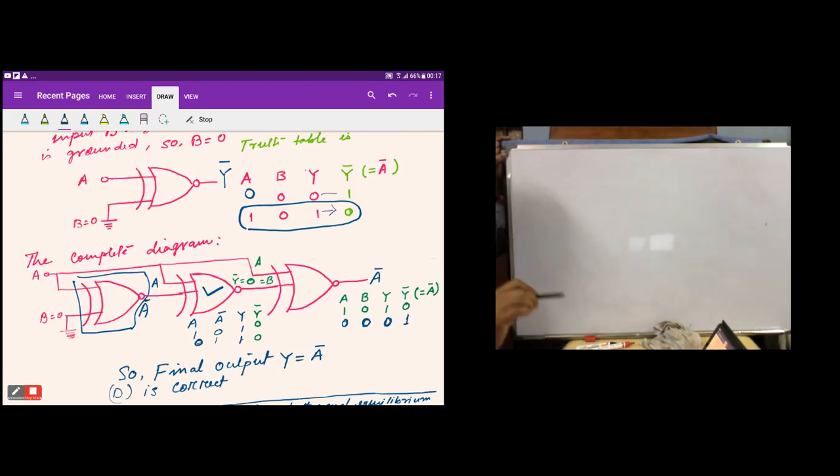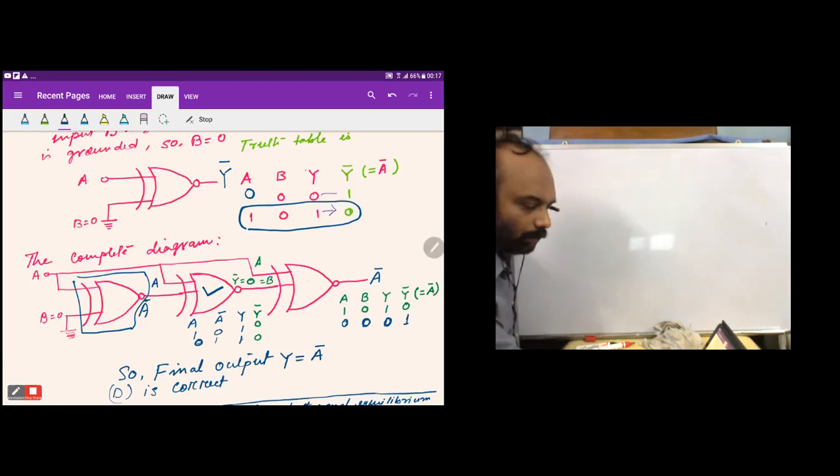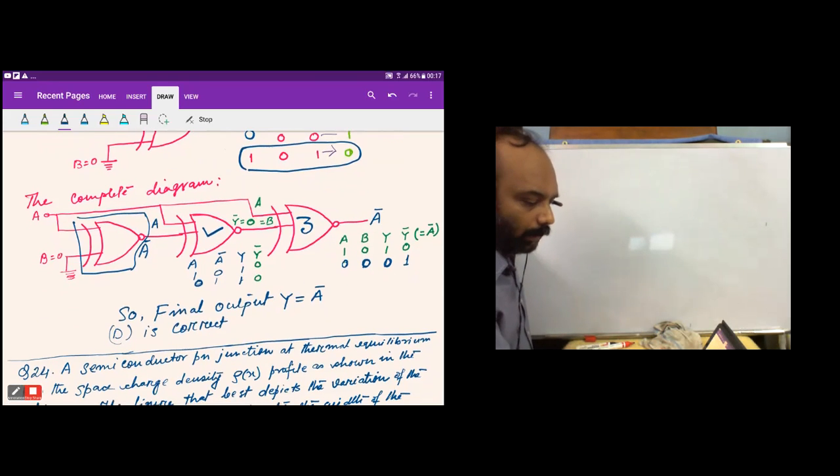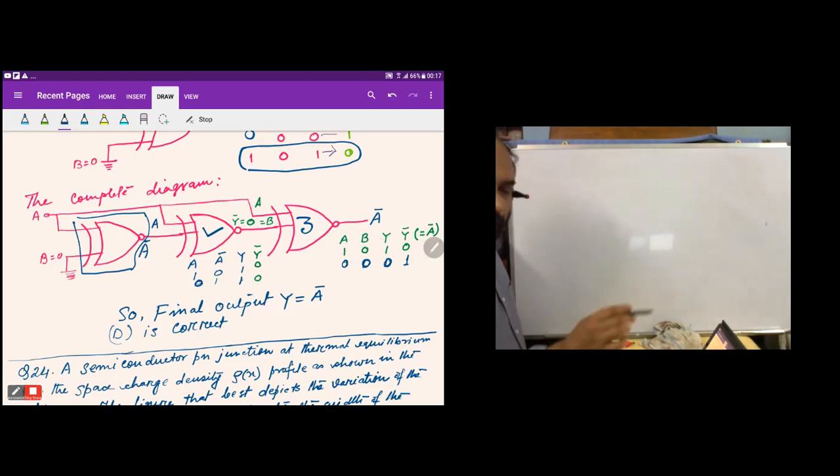That output is acting as an input in the last stage, or the 3rd stage, and A remains the other input. So I have the final outcome. A, B are my inputs. So I have used Y bar as my B. Y bar is the output of the second stage.